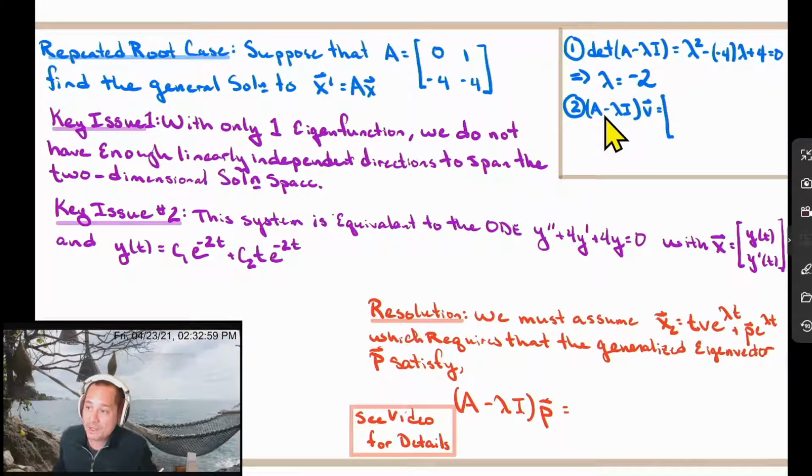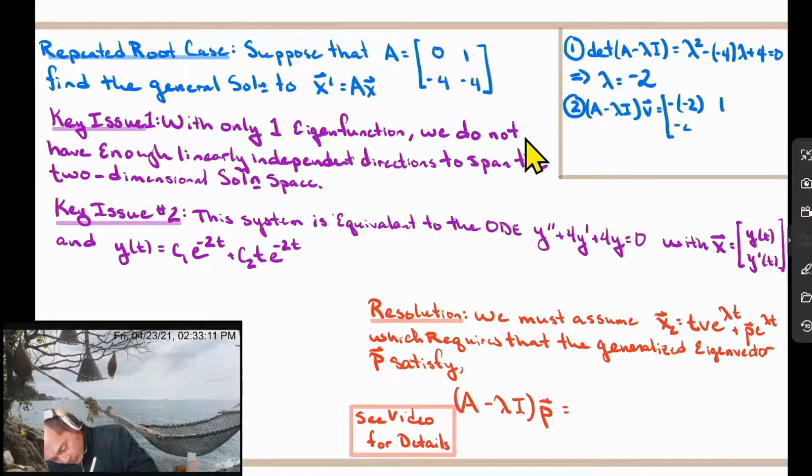So now I'm going to work A minus lambda I. I'm going to subtract that -2 off the main diagonal here. So I'm going to get -2, 1, -4, -4 minus -2, multiplied by V1, V2, and then set all that equal to the 0 vector.